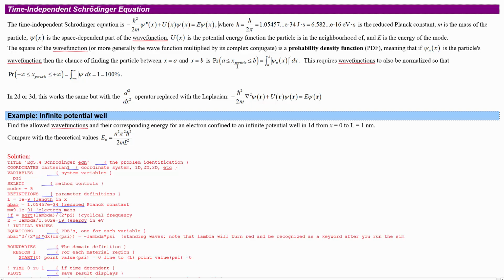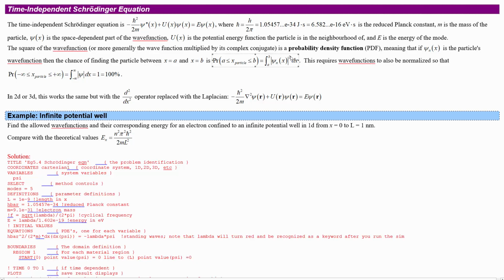So if you want to know the probability to find the particle between x equals a and x equals b, then you take the wave function for the state that the particle's in, and you square it. Really, you multiply it by its complex conjugate to get this magnitude squared, and then you integrate between a and b, and this tells you the probability that the particle is between a and b.